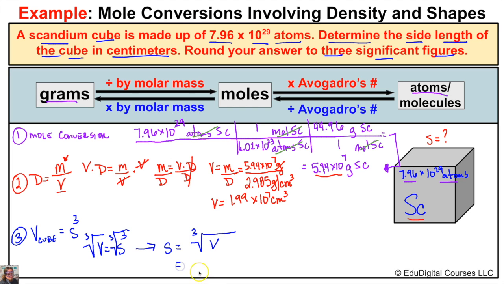So, let's go ahead and do that. We're going to end up taking the cubed root of 1.99 times 10 to the 7th centimeters cubed. And so when we put this in our calculator, we can put this in a couple of different ways, but this expression right here is essentially the same thing as 1.99 times 10 to the 7th centimeters cubed, all to the 1/3 power.